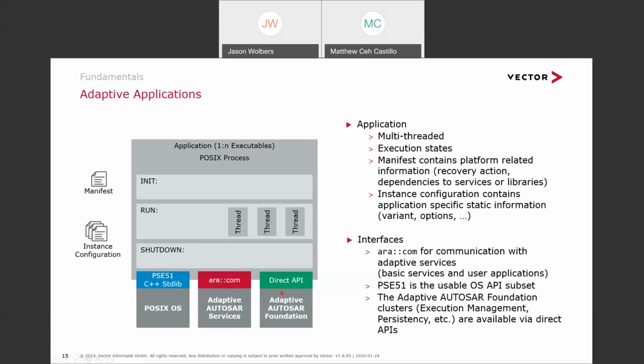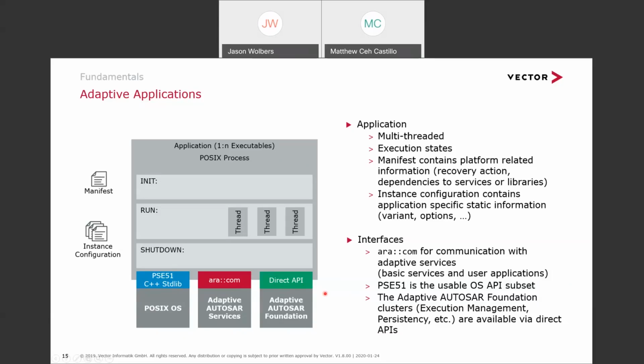And then finally, we have what are called direct APIs, which are essentially the services provided by the middleware layer, things like watchdog handling or non-volatile memory management or identity access. If the application needs to talk to those components, it can use this direct API here.